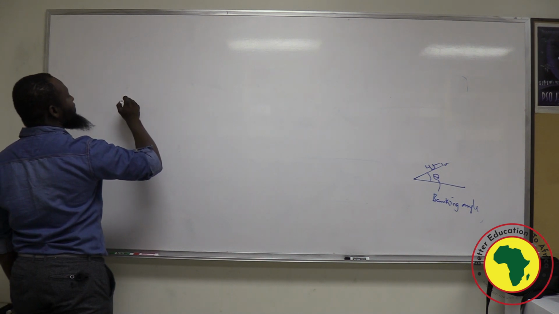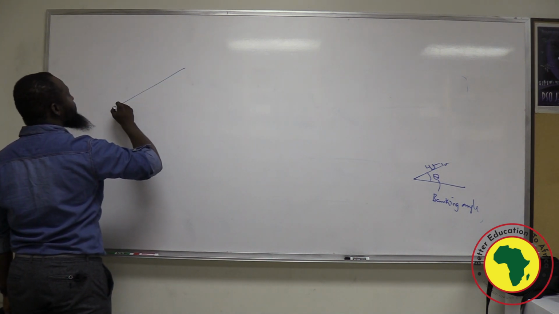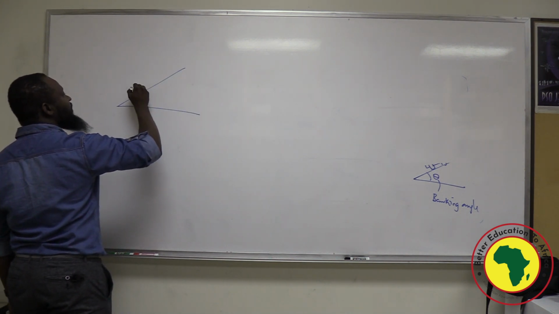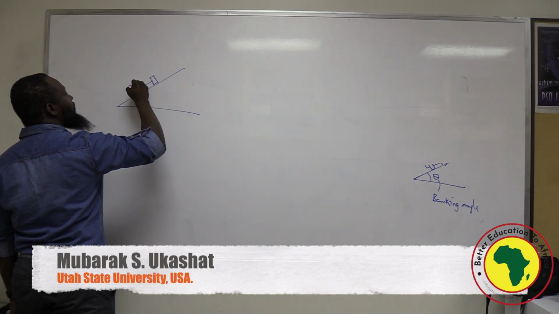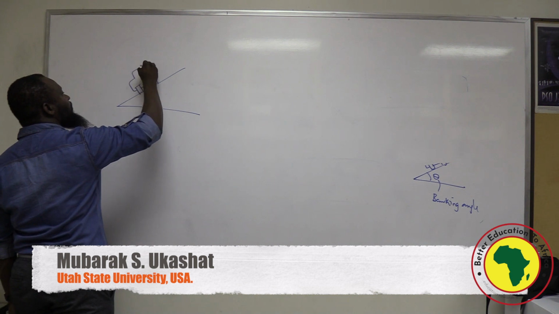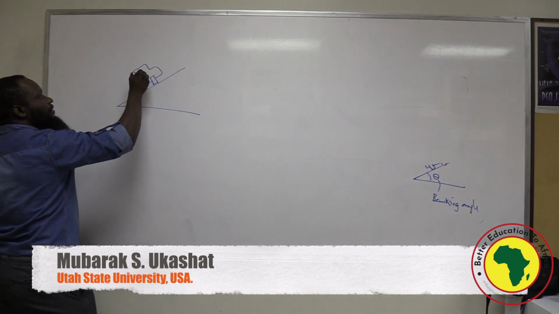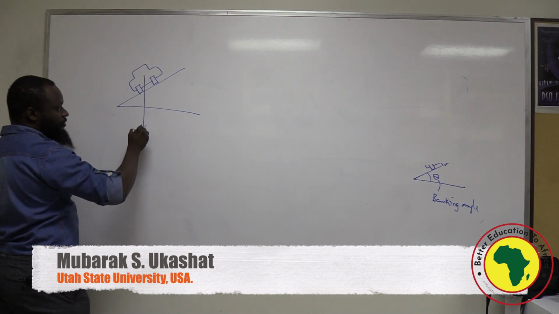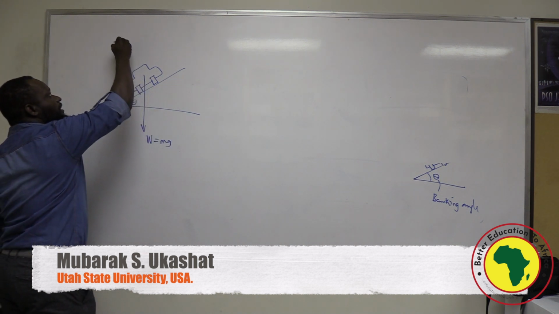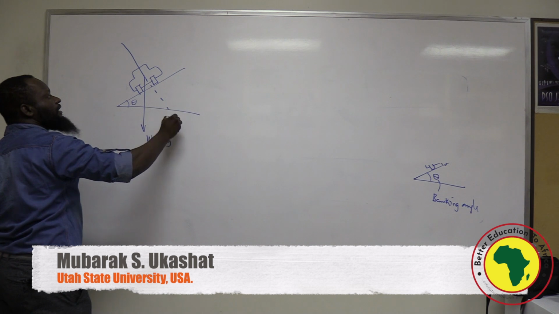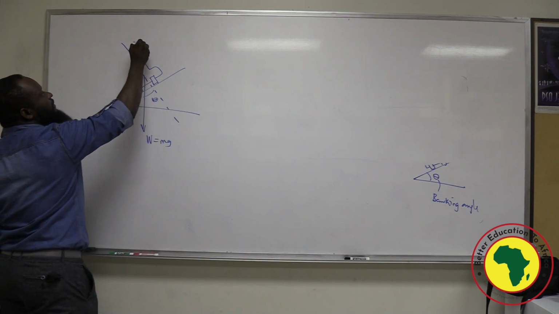So if I have a car at some banked angle like this, is that okay? So we're going to do some different physics now. So the weight is here, mg. If here is theta, I draw a line like this here. Here is also theta, right? Normal force.